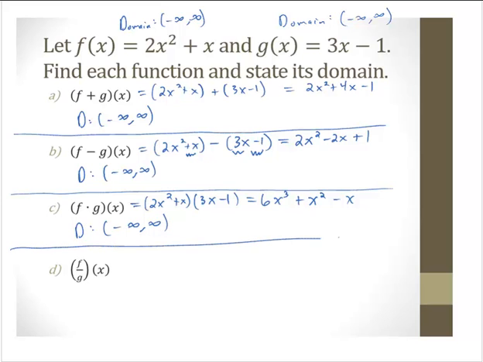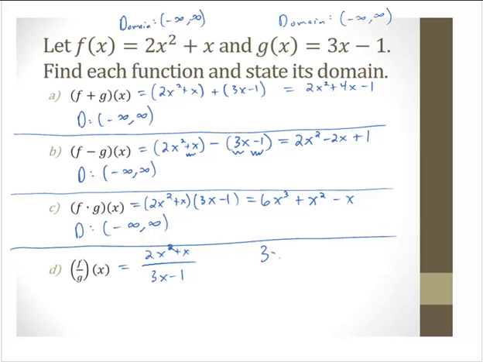And finally, we have the quotient function. f over g of x would be f of x over g of x, so that's 2x squared plus x over 3x minus 1. We can't simplify this any. And so we want to determine the domain of this function. Remember, when we have a quotient, the denominator cannot be 0. So we have to be careful about the domain.